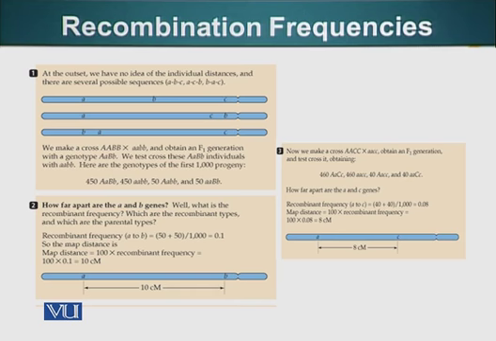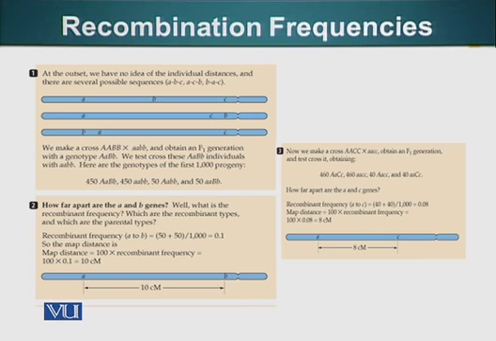We have an organism with A, B, and C genes. We cross this organism and determine the recombinant frequencies. First of all, we look at the recombinant frequencies between A and B genes. Here we have the data.